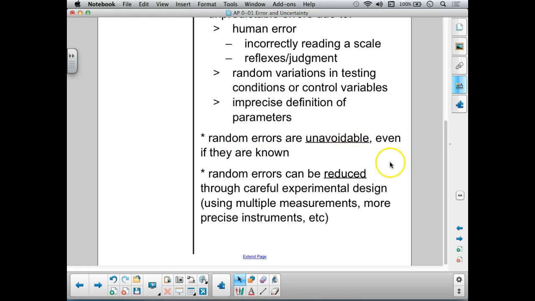So unfortunately, random errors are unavoidable, even if we know about them in most cases. Even if I know that I don't have instantaneous reflexes, that doesn't mean that I can time something accurately. There's always going to be some sort of random error every time I time something as a human being. So even though we can't avoid them, we can reduce random error in the way that we set up our experiment.